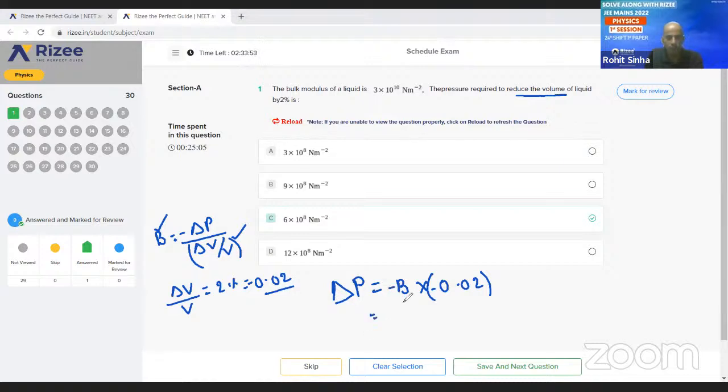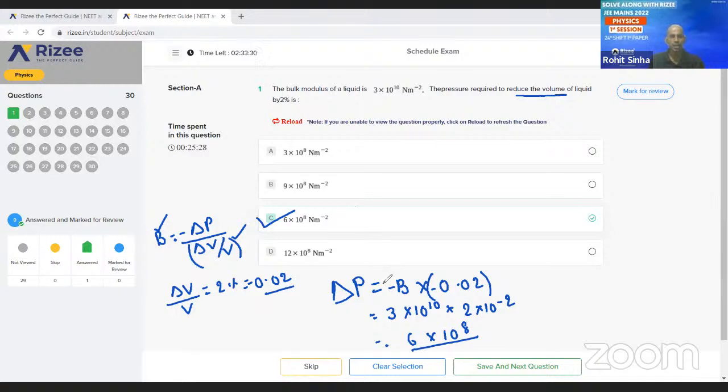The bulk modulus is given as 3 into 10 to the power 10 into 2 into 10 to the power minus 2. If you solve it, we'll get 6 into 10 to the power 8. So C is our answer.